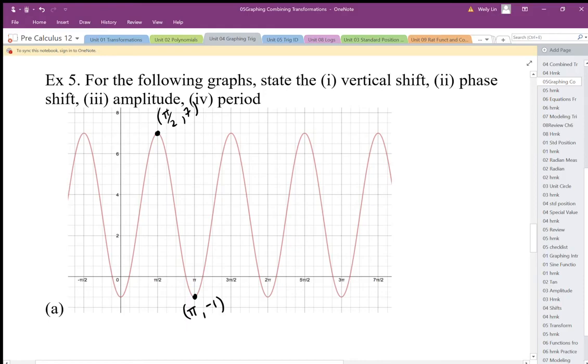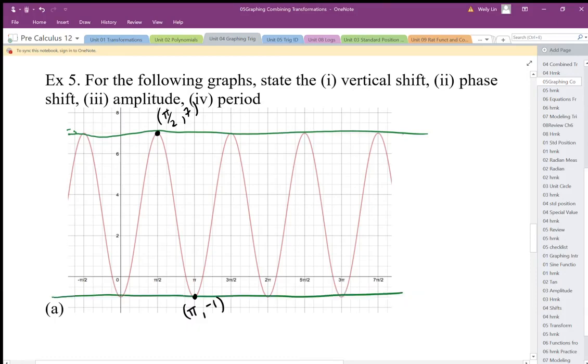So maybe I'll do it in a different color here, do it in green. If I look at the vertical positioning of this graph compared to this graph, okay, the min and max, we could talk about the middle position here. Where is the middle?